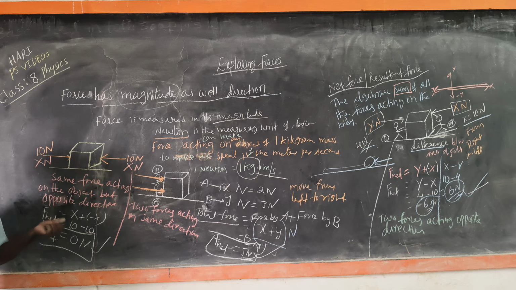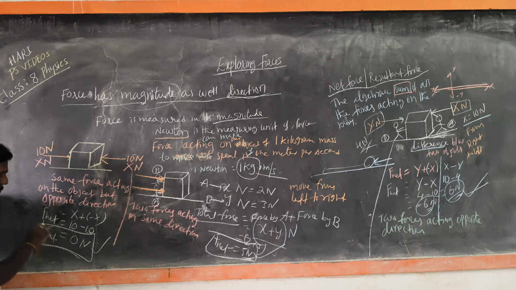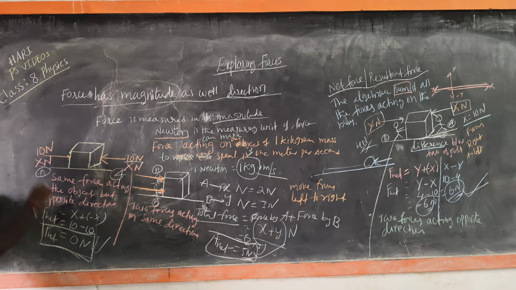Can the heavy box move in any direction, either from left to right or right to left? No, it won't move because of the resultant force by these two persons A and B. Person A applied 10 Newton of force, person B also applied 10 Newton of force.